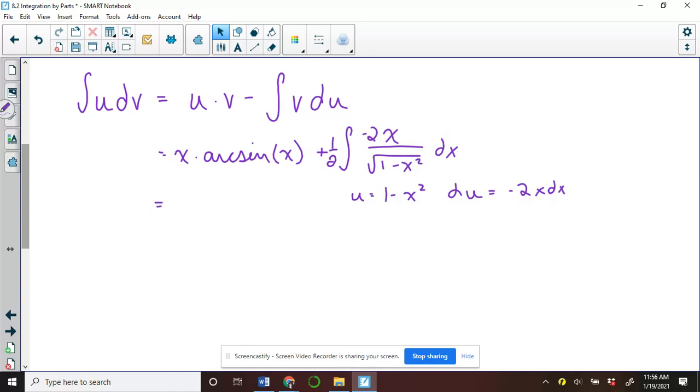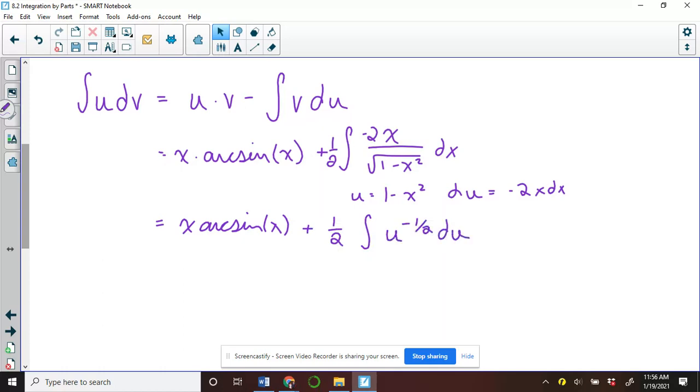We do have an x, but we're missing a negative 1/2 and a negative 2. Therefore, we have x arc sine of x plus 1/2 of the integral of u to the negative 1/2 du. And the integral of u to the negative 1/2 is 2u to the 1/2.